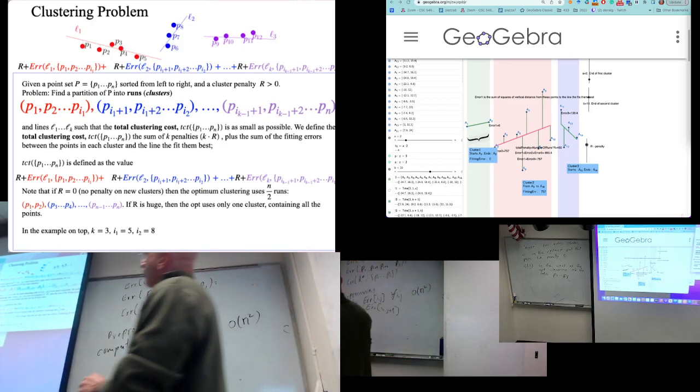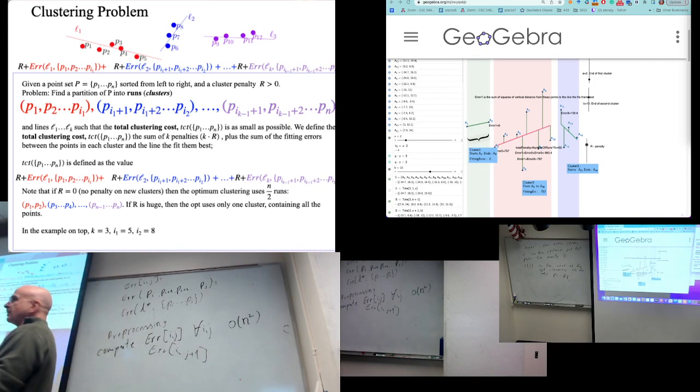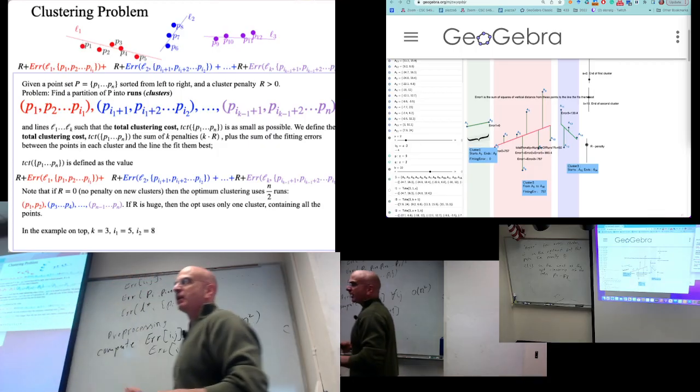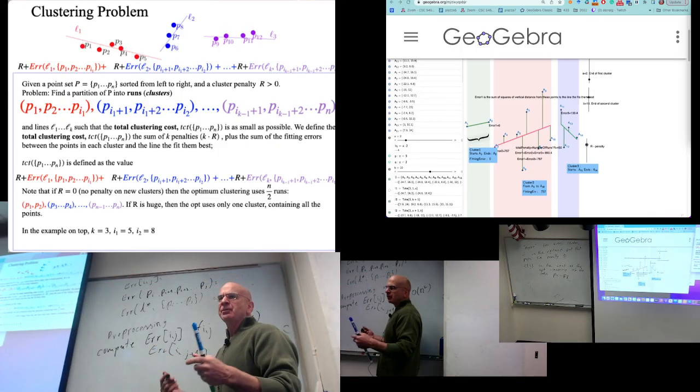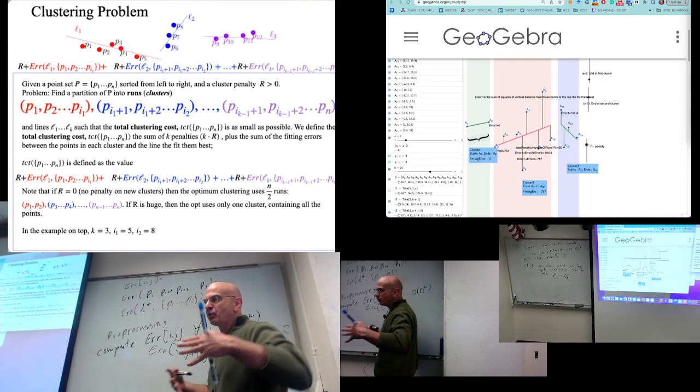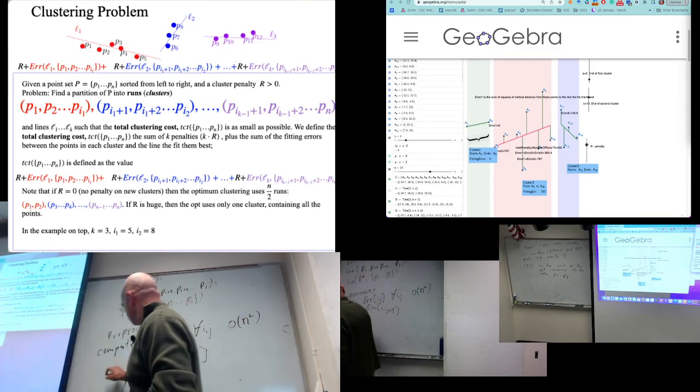Now, why does this problem smell like dynamic programming? It will take a bit of trickiness to get to n square, but just to show you why it smells like dynamic programming. In all the problems that we saw, LCS, edit distance, triangulation of the polygon. Triangulation of the polygon I liked because it was the most visual example.